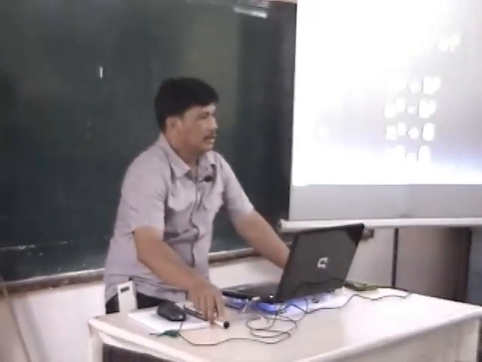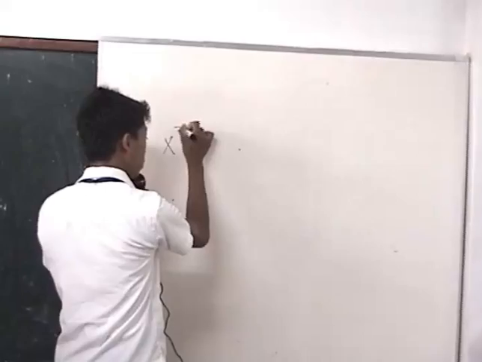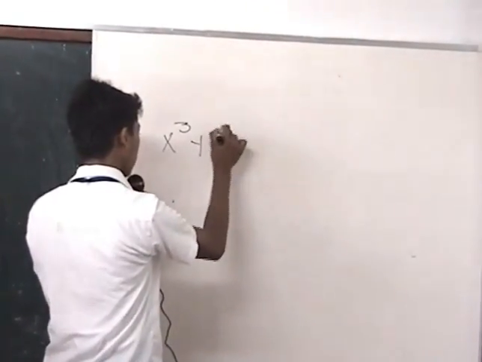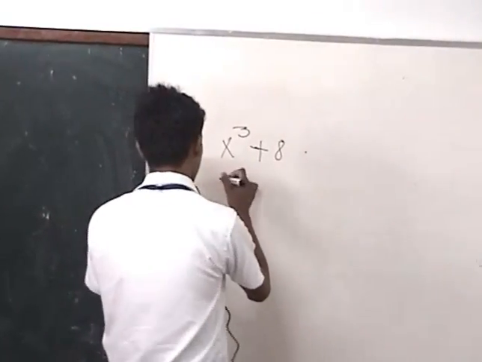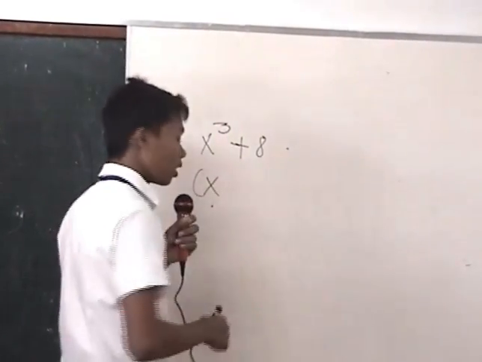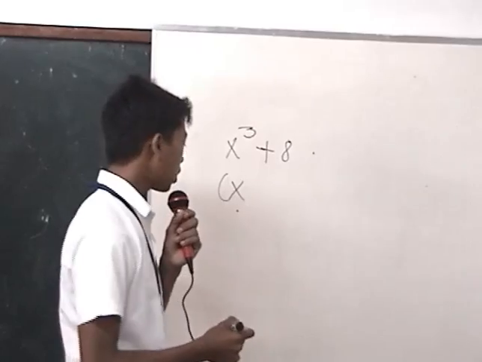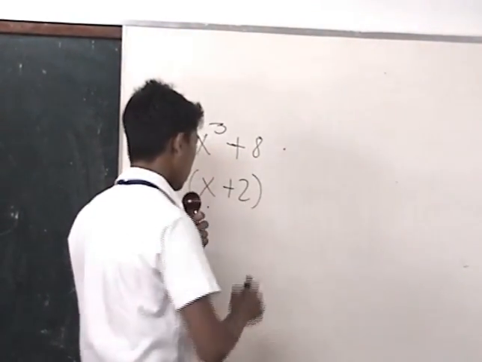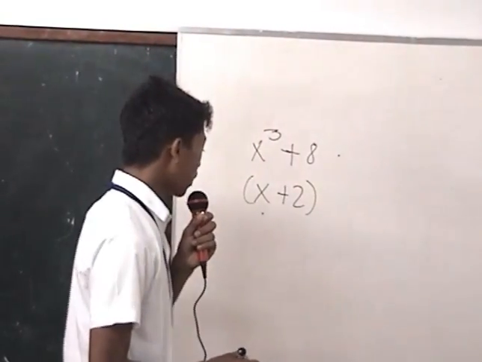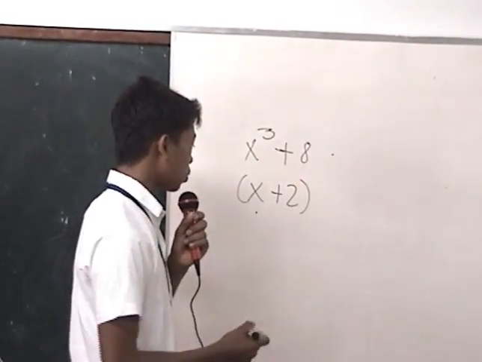Alright. The third one? Bino? x cube plus 8. First, find the cube root of x cube, which is x. Then, find the cube root of 8, which is positive 2. The first factor is x plus 2.